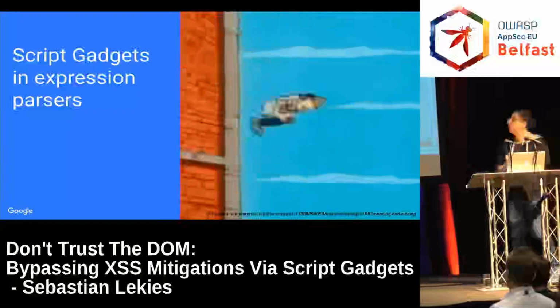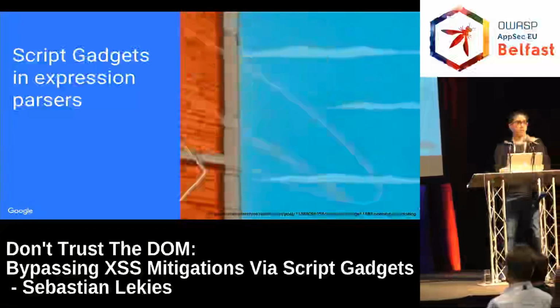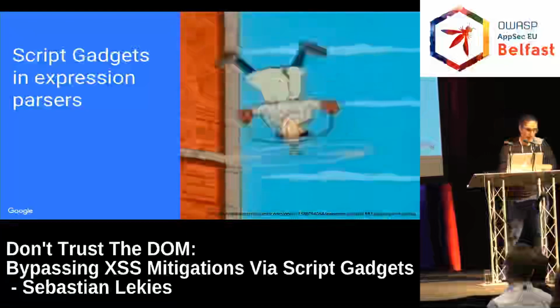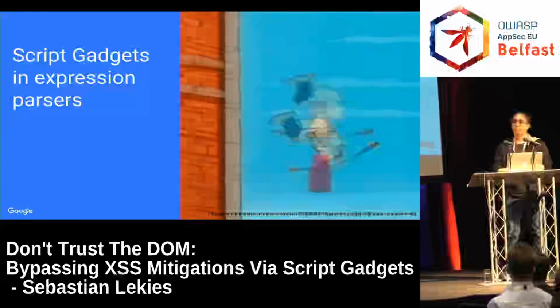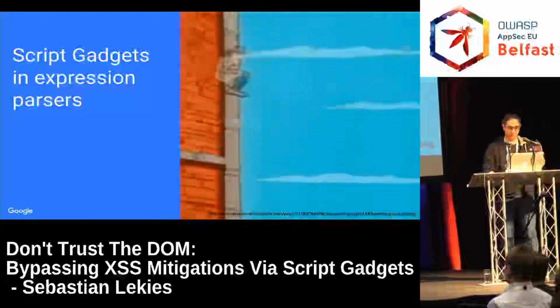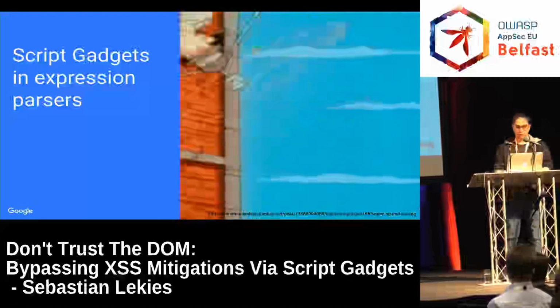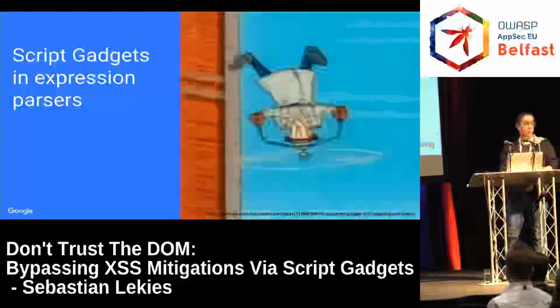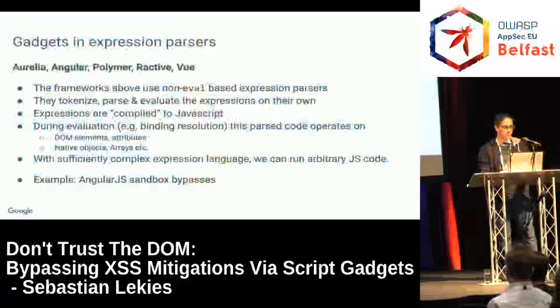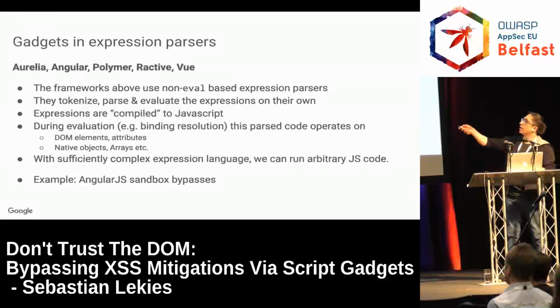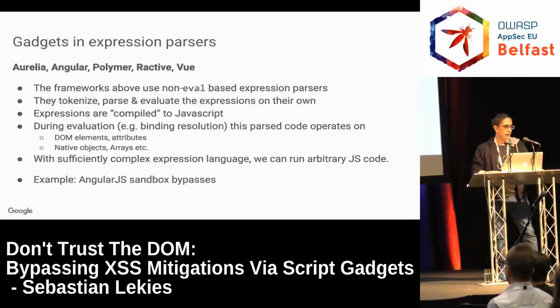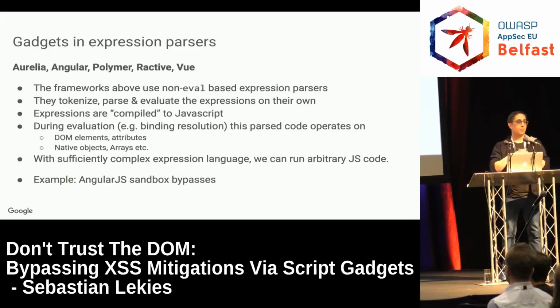Right, so yes, the more crazy stuff. Some of the gadgets that we found were in the functionality of a couple of frameworks that have expression parsers. So the more complex frameworks, essentially. And those gadgets turned out to be really powerful in bypassing mitigations. Examples of such frameworks are Aurelia, Angular, Polymer, Ractive, and Vue. All of those use expressions.